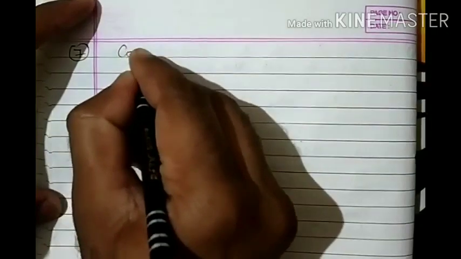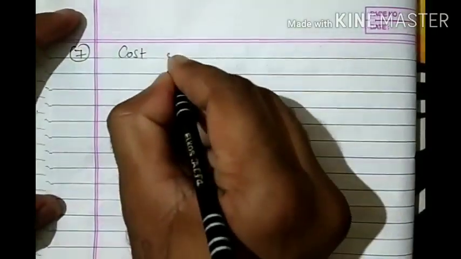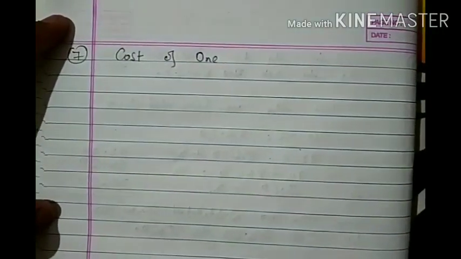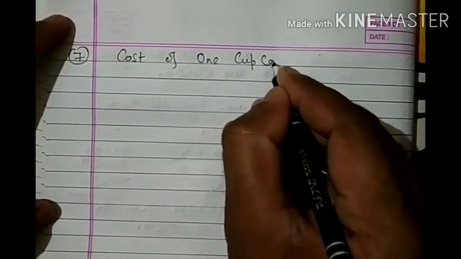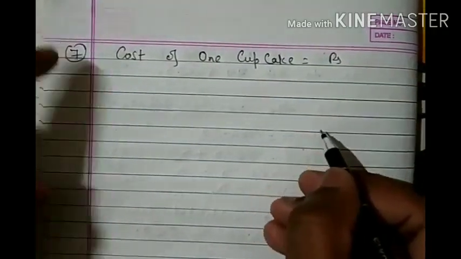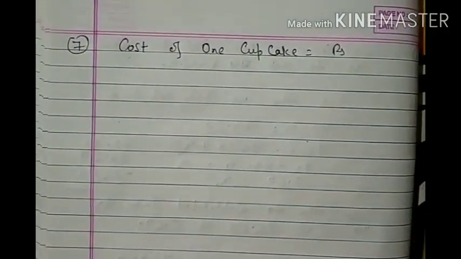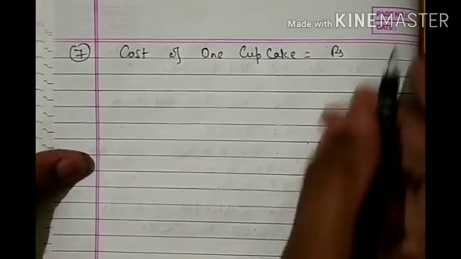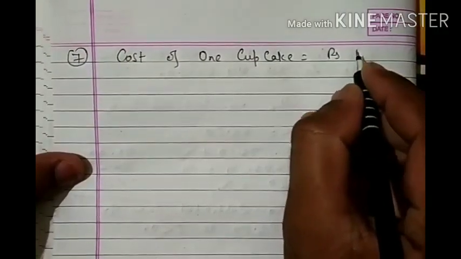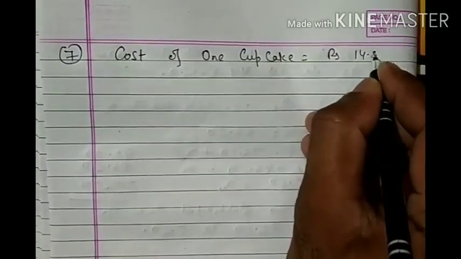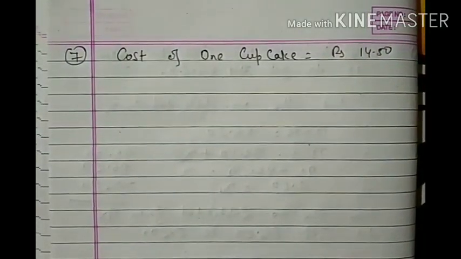If the price of one cupcake, cost of one cupcake is equal to rupees 14.50.